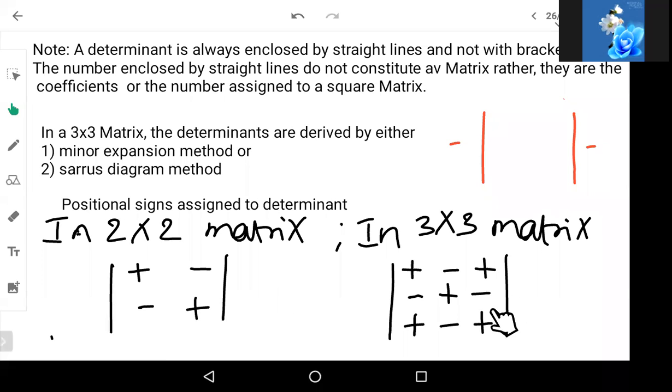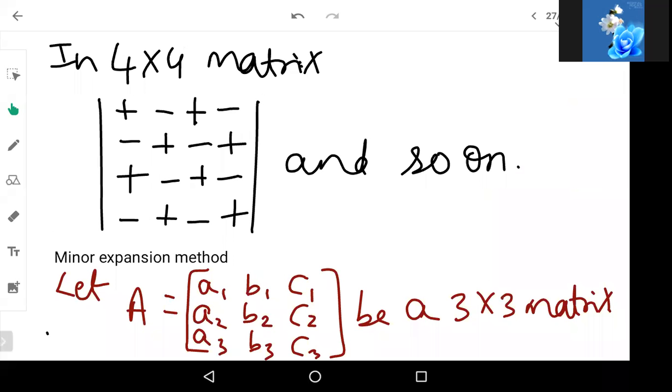Now coming to 3 into 3, we start from plus and then go on with the alternate sign. So plus, minus, plus, minus, plus, minus, plus, minus, plus. So there's a continuation, and it is easy to remember the 3 into 3 sign position. Now let us just see the 4 into 4 matrix.